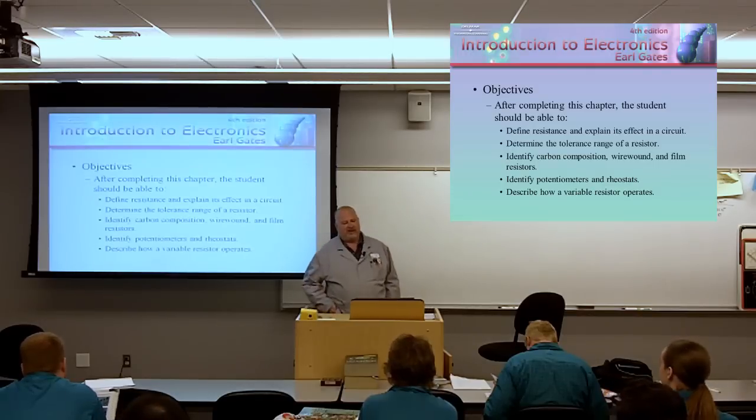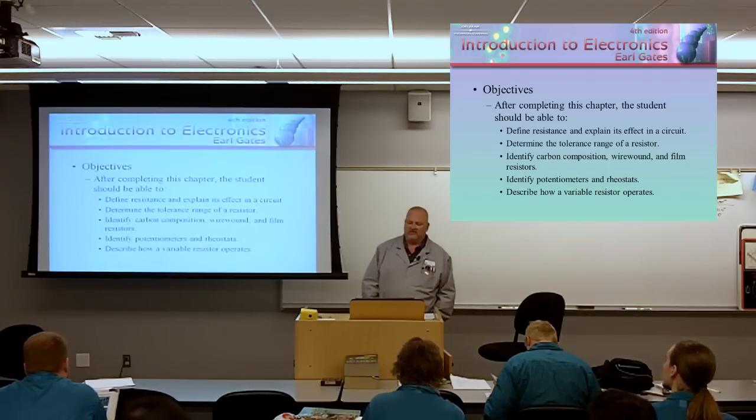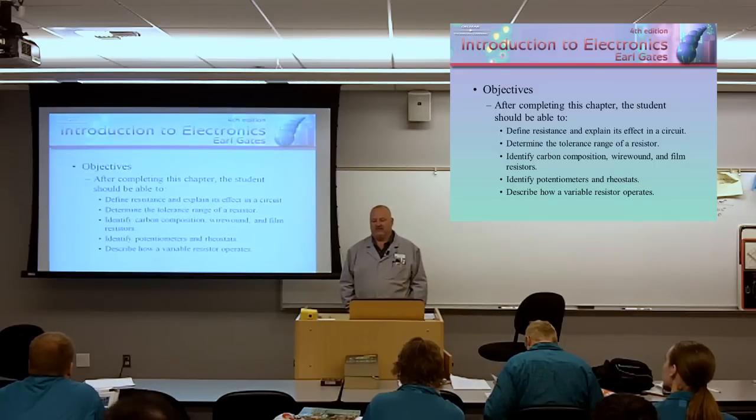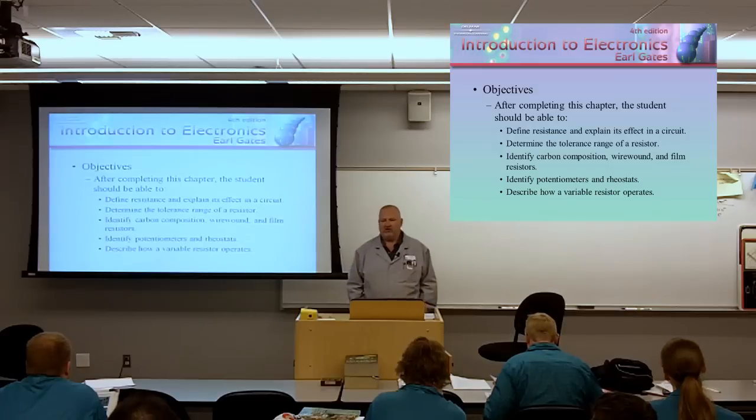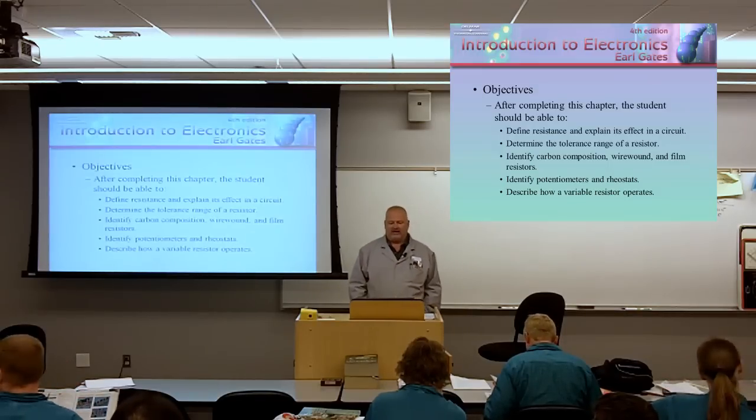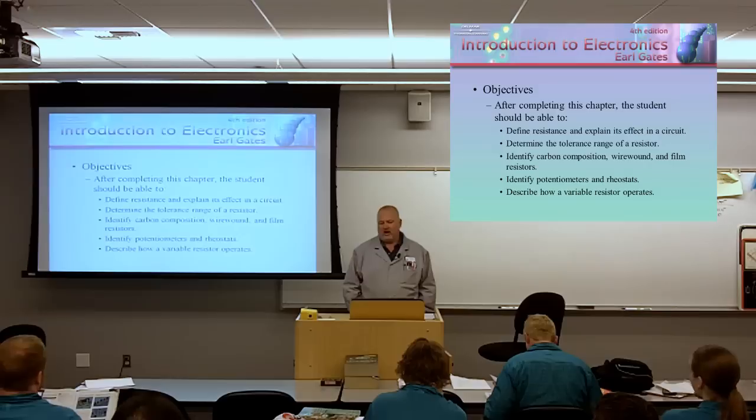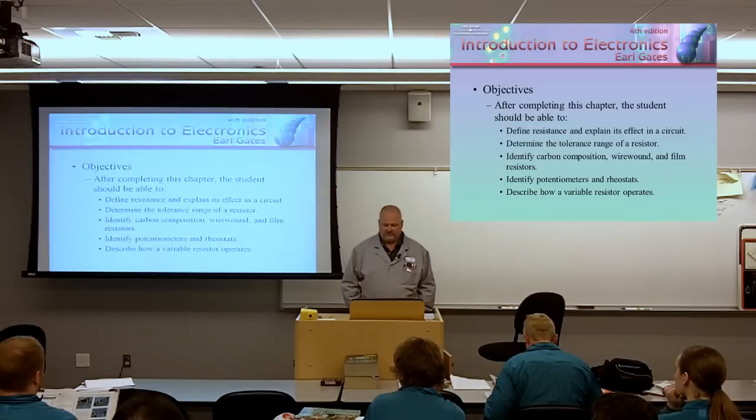After completing this chapter, you're going to be able to define resistance and explain its effect in a circuit. Determine the tolerance range of a resistor. Identify carbon composition, wire wound, and film resistors. Identify potentiometers and rheostats.